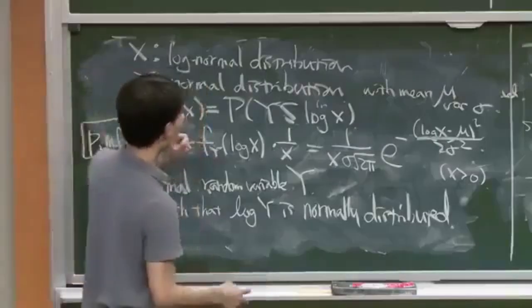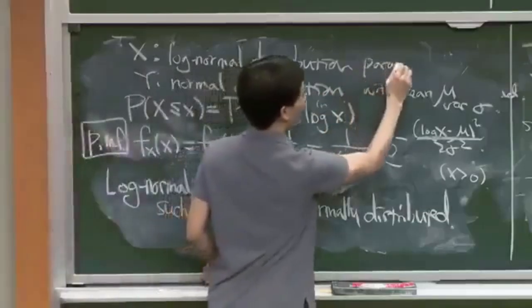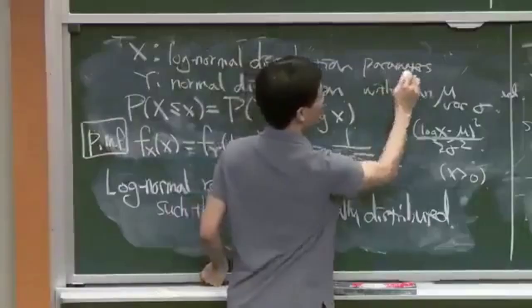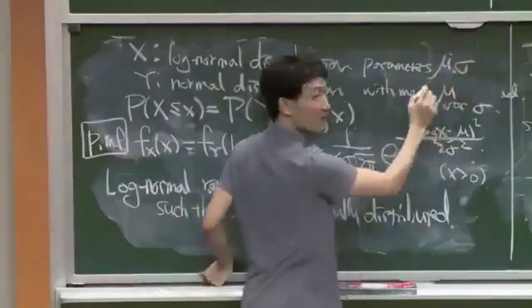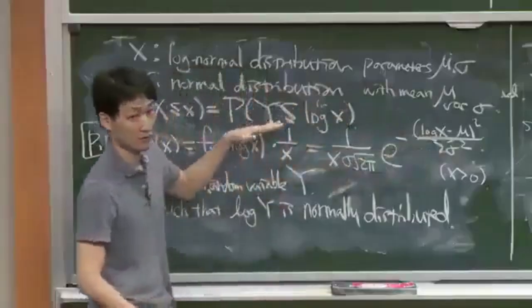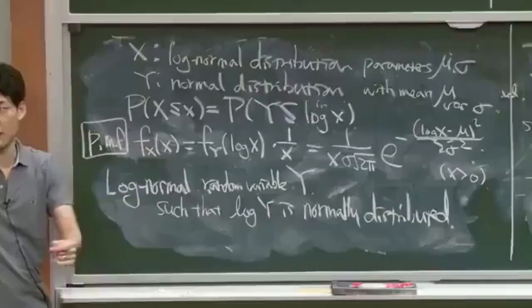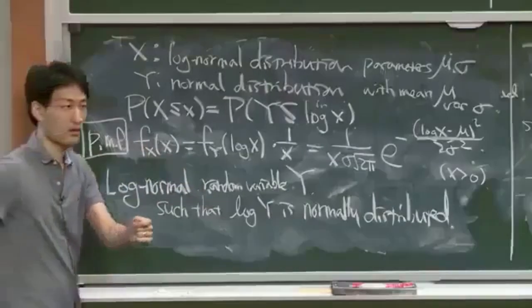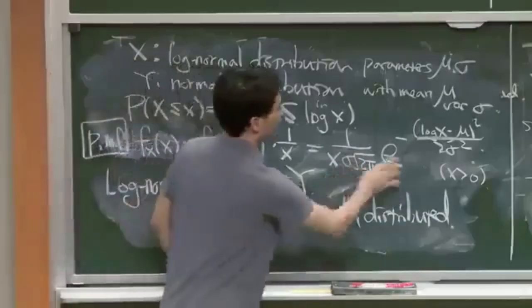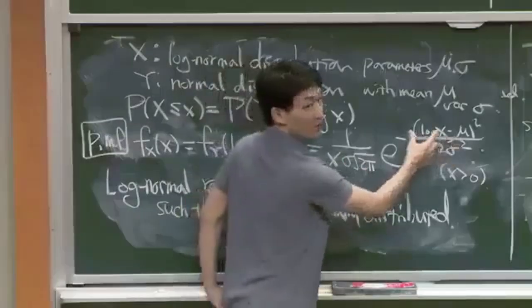One very important thing to remember is that log normal distributions are referred to in terms of the parameters mu and sigma, because mu and sigma appear here, coming from the normal distribution. But those are not the mean and variance anymore. Because you skewed the distribution, it's no longer centered at mu.